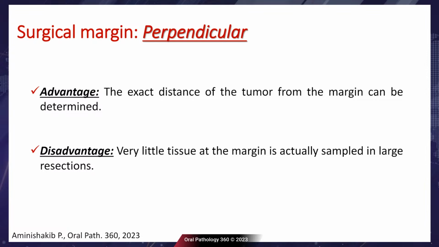But there is a disadvantage that very little tissue at the margin is actually sampled in large resections. Therefore, you must take several perpendicular margins to cover all the surgical margin and to assess whether it is involved by tumoral nests or not.